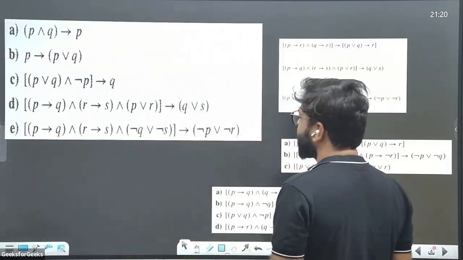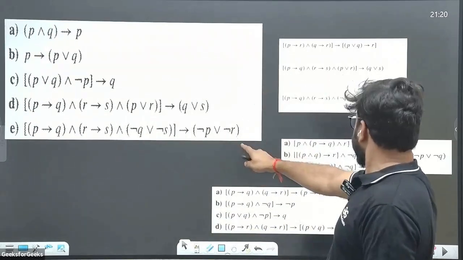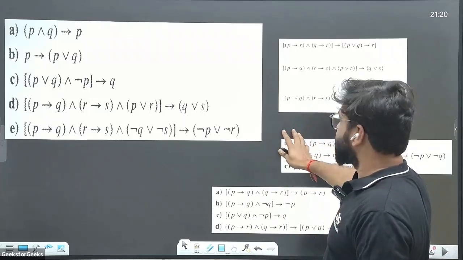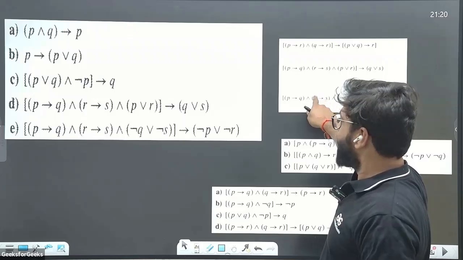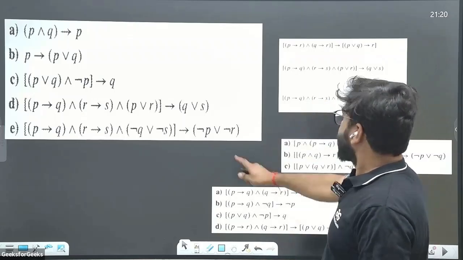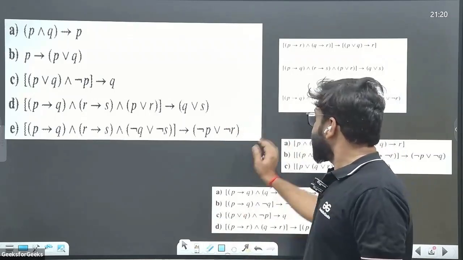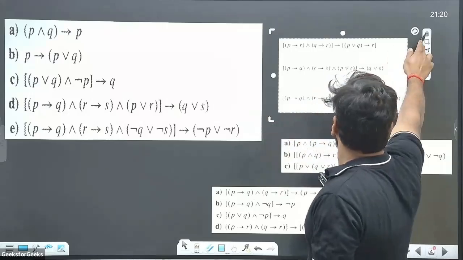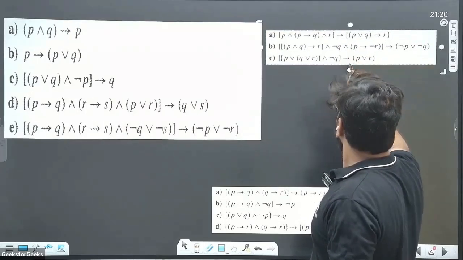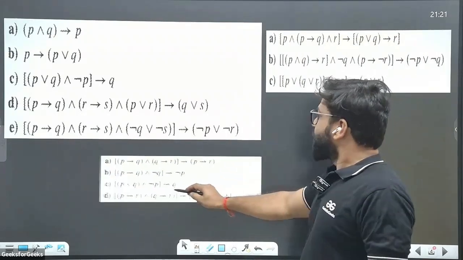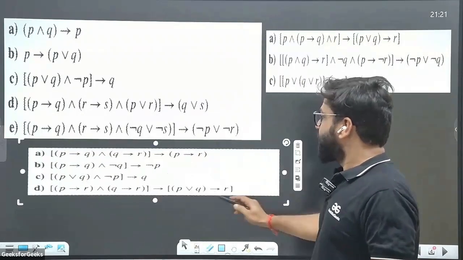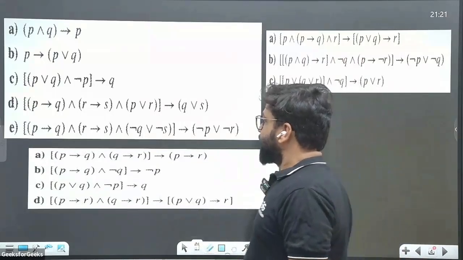In this also, I think everything is a tautology. This one and this one, somehow the questions are the same. Last two. Okay, everything is a tautology here.